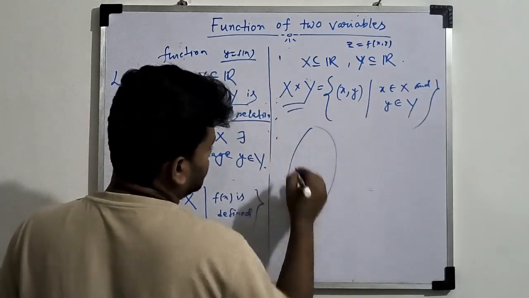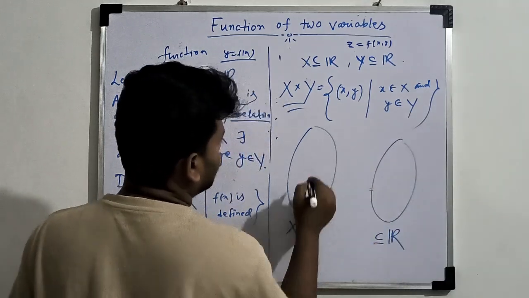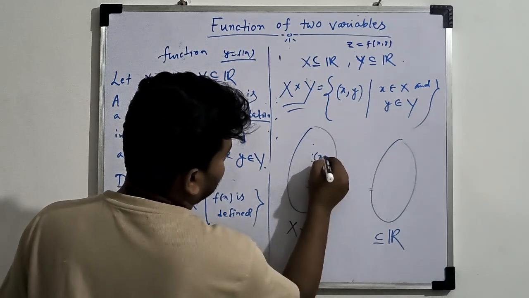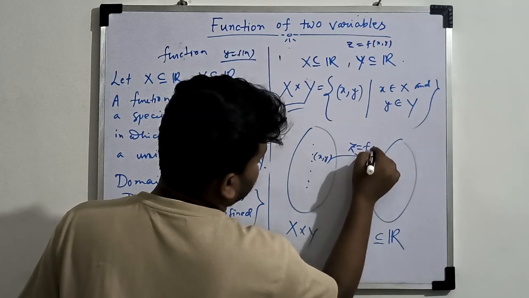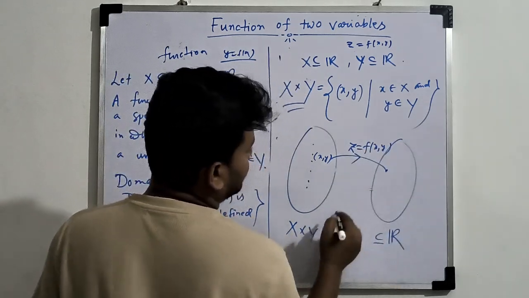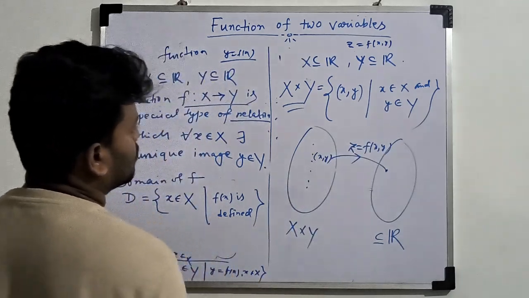So if we choose this cross product X cross Y, a subset of R, then each element from this set can be written as a pair (x,y), and it is connected by a function z equal to f(x,y) with a unique element of this set. Then we call it a function of two variables.